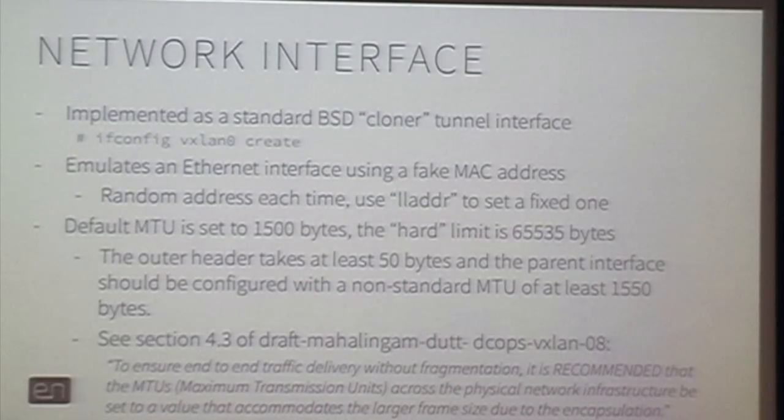Each time you create an interface, you have a fake Ethernet address that's random. If you want to have a fixed address, then you have to manually set one. Like in OpenBSD, we do it for virtual interfaces that we create those random addresses at the moment. I think it should probably be changed to use a hash to have something that is reliable, but that's the way it was done for virtual interfaces in OpenBSD.